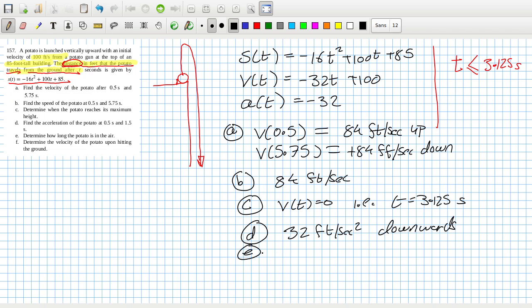E, determine how long the potato is in the air. So that's when s(t) equals minus 84. So that means minus 16t squared plus 100t plus 85 plus 84 plus 169 equals 0.